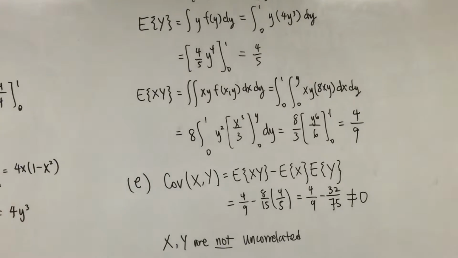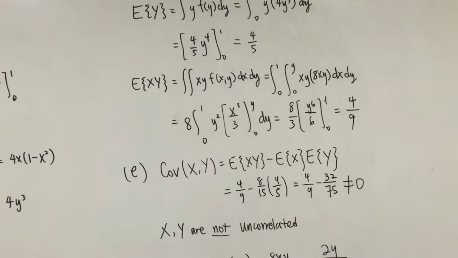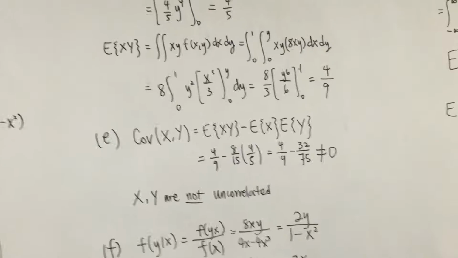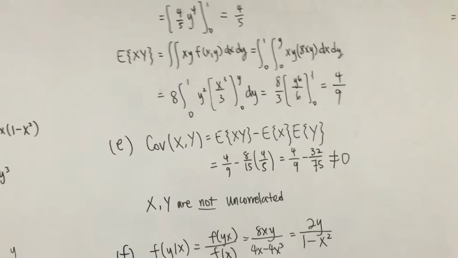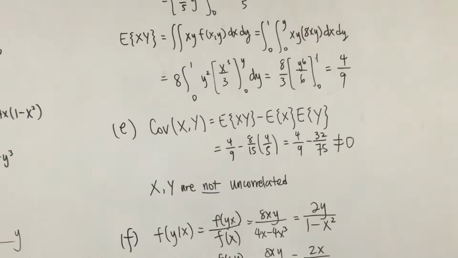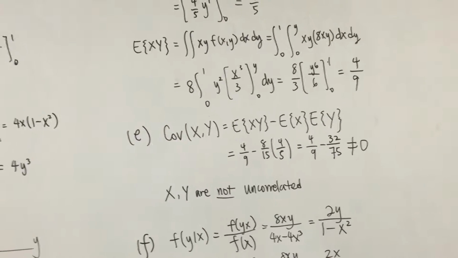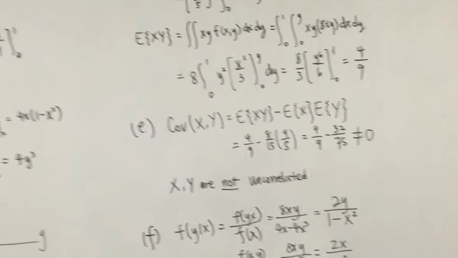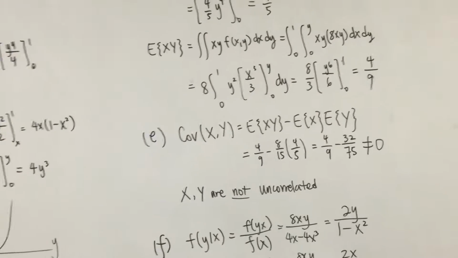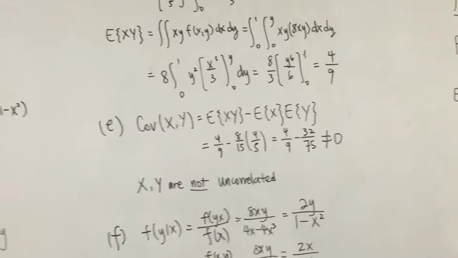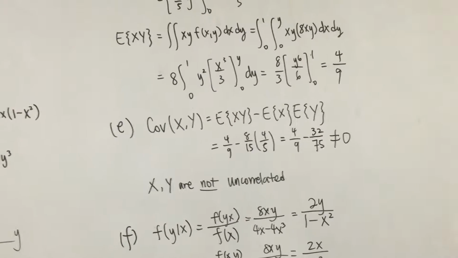For part E, it says prove or disprove that x and y are uncorrelated. Based on the formula for correlation, correlation is the covariance of x and y over the square root of the two variances. So to find out if they're uncorrelated, you have to find the covariance.